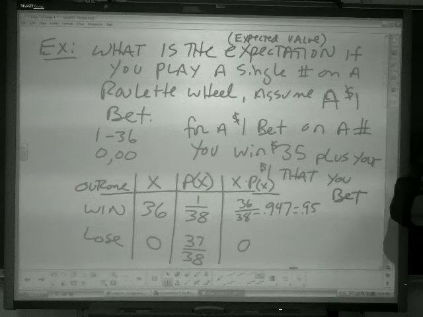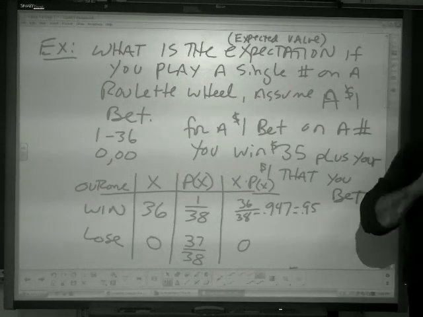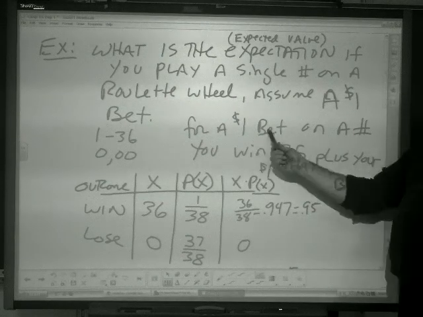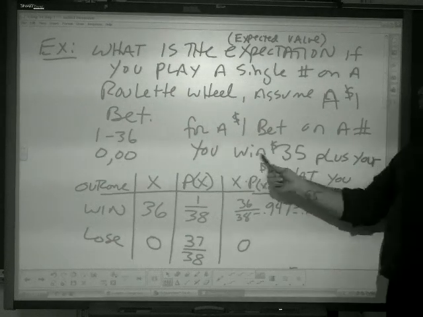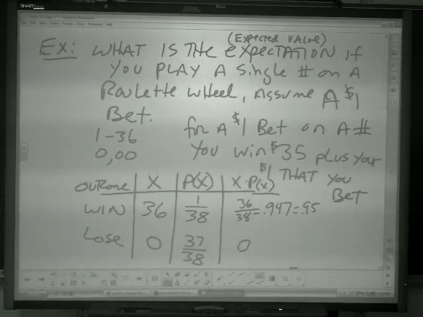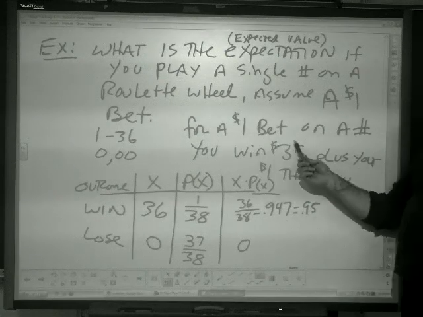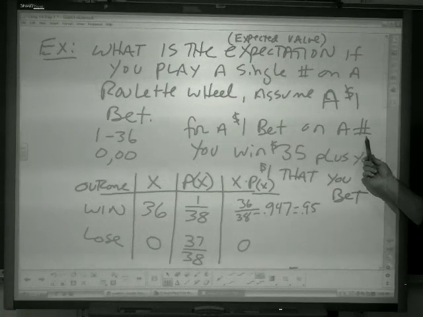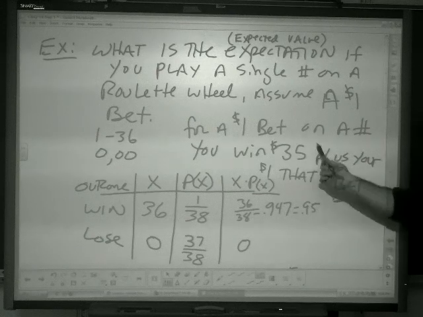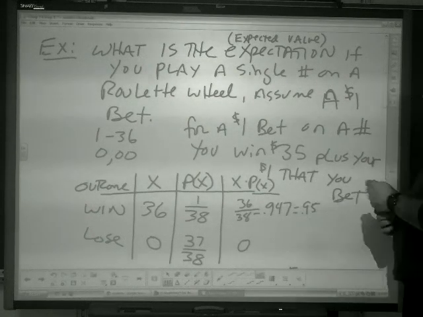Now, we have to make some assumptions. We're going to assume that we're having just a $1 bet. And for a $1 bet on a number, you win $35 plus the dollar that you bet. So assume a dollar bet, and for a dollar bet on a number that you pick, you will win 35 plus the dollar that you put on the table, you will get back.